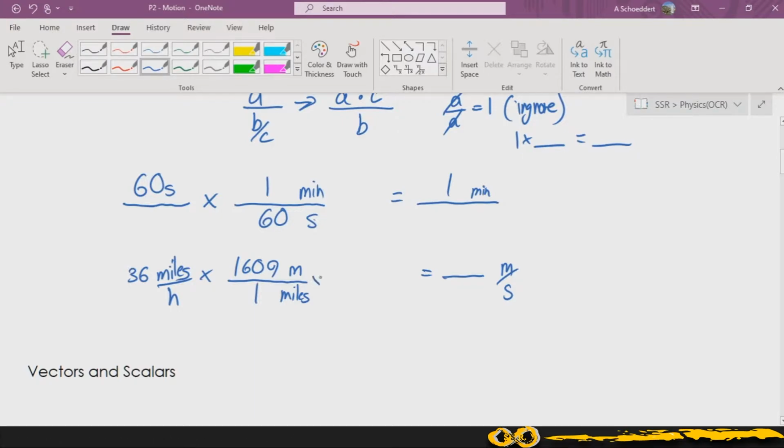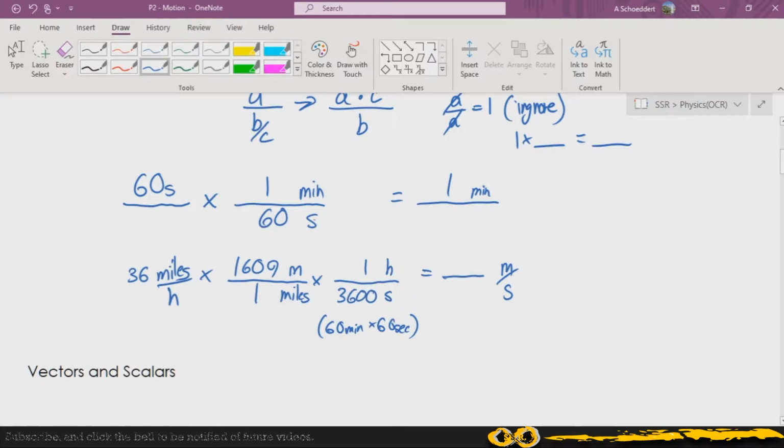Next, we're going to need to convert from hours into seconds, and we see that hours is on the bottom over here, so hours will have to be on the top up here. Seconds is on the bottom here, so seconds will need to be on the bottom there. Now, you can do this in two ways. You can remember that an hour is 60 minutes, and each minute is 60 seconds, and so you can kind of do a mini conversion within there, or you can remember that it's 3,600 seconds.